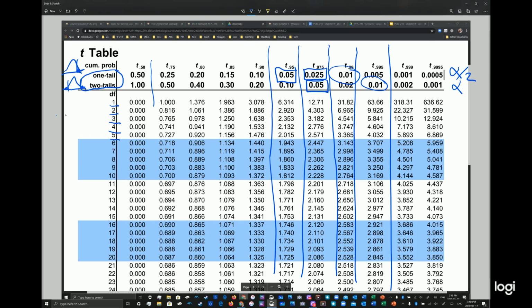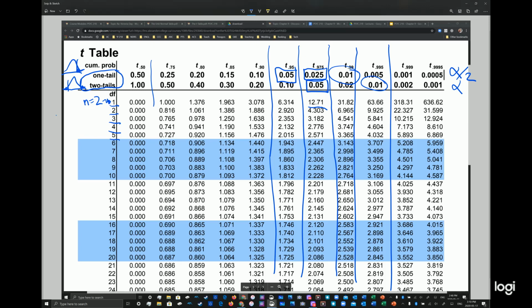So if you have a sample size of 2, and the degrees of freedom is 2 minus 1, which is 1, then the critical value for a two-tailed test at alpha equals 5% is going to be 12.71 standard errors away from the population mean.